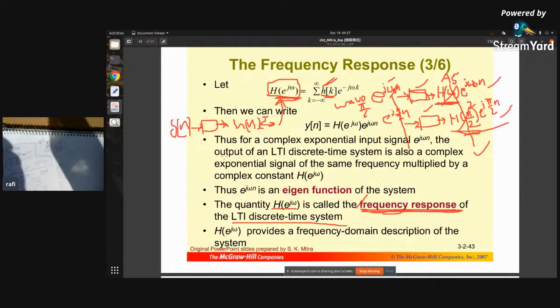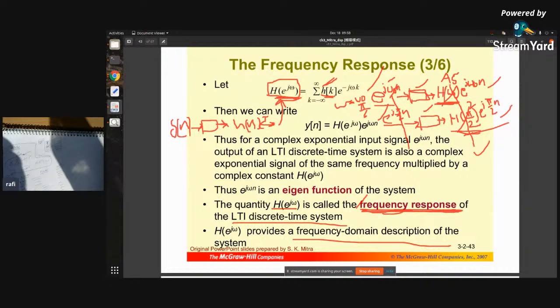It means that when you vary the input frequencies, monotonic frequencies like omega naught, or varying from minus pi to pi, how the system responds to that particular frequency is given by the frequency response. So it gives the frequency domain description of the system, whereas the impulse response gives the time domain description of the system.